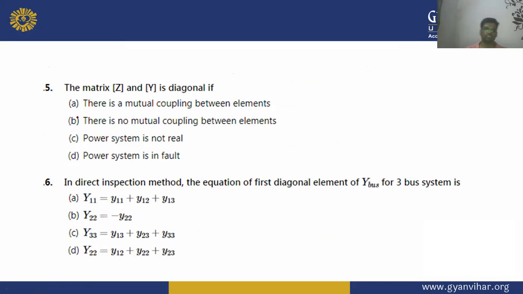Now the fifth question says that the matrix Z and Y is diagonal if what? If there is a mutual coupling between the elements, if there is no mutual coupling between the elements, the power system is not real, or the power system is in fault.